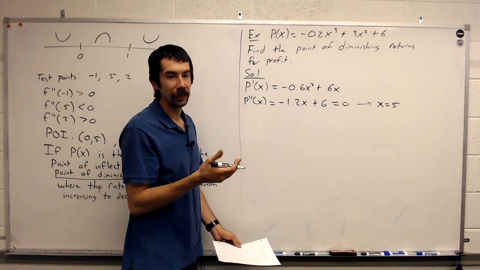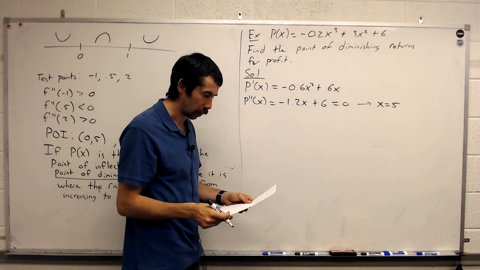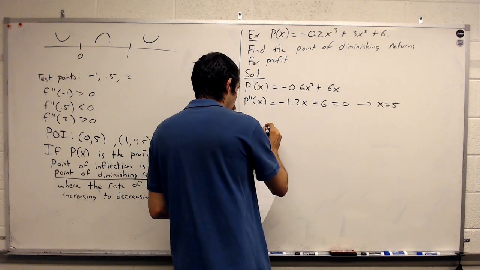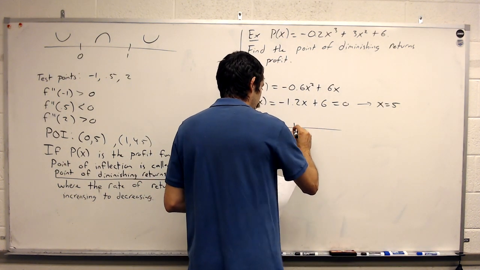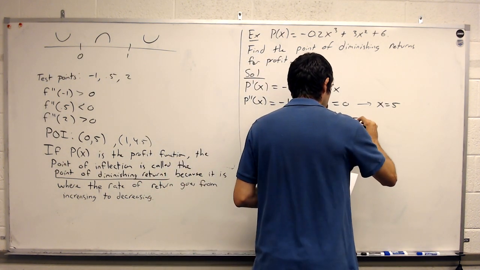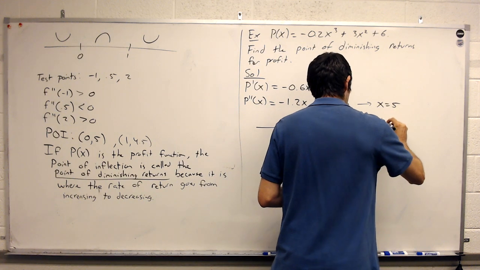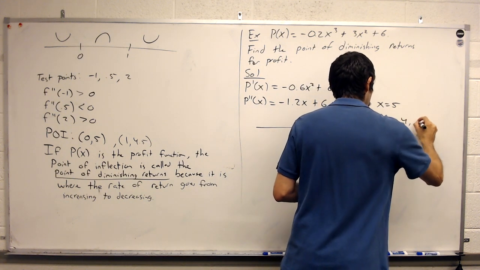We need to check if this is actually a point of diminishing returns. And so what we do is we take our number line, we break it up at 5, and we have test values. Let's do 4 and 6.